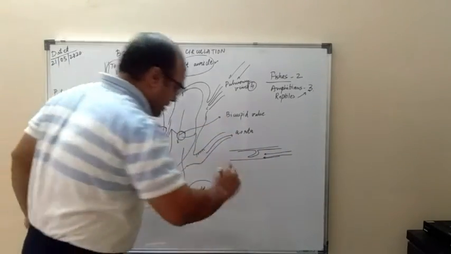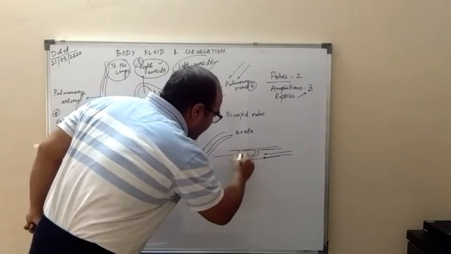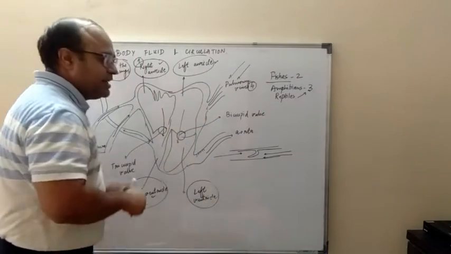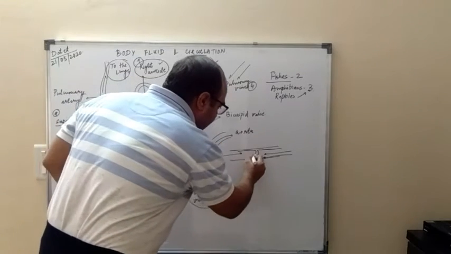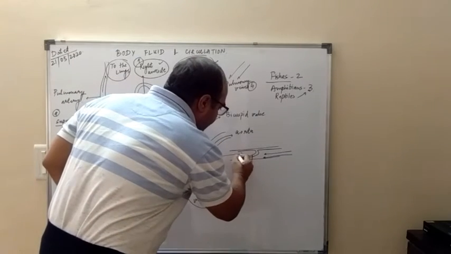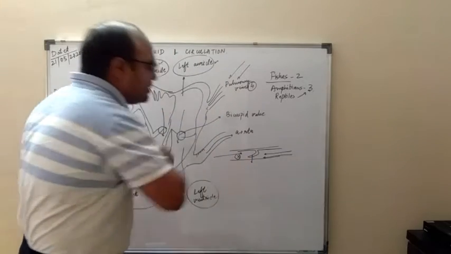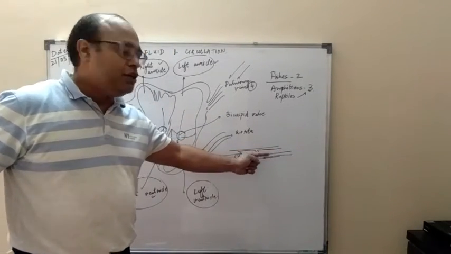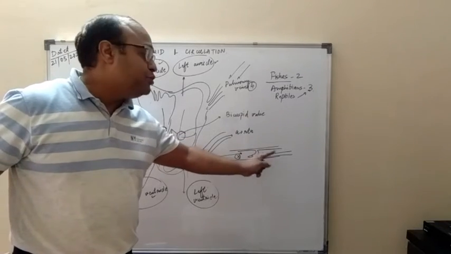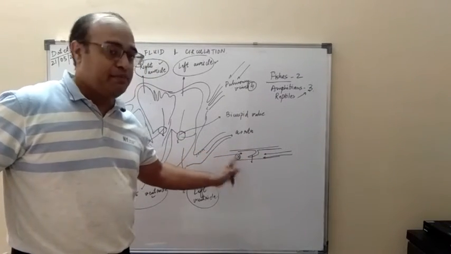But if it is coming from this direction, the valve is going to be closed off. It will close and will not allow the passage of blood from this direction. So this maintains the unidirectional flow of blood.